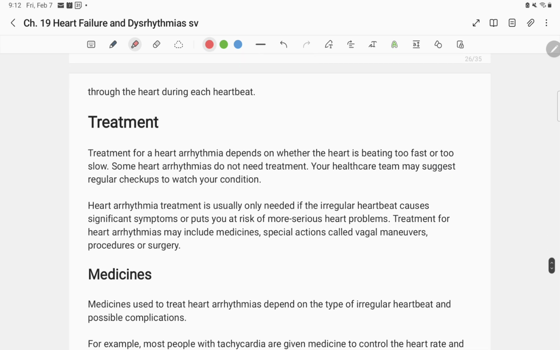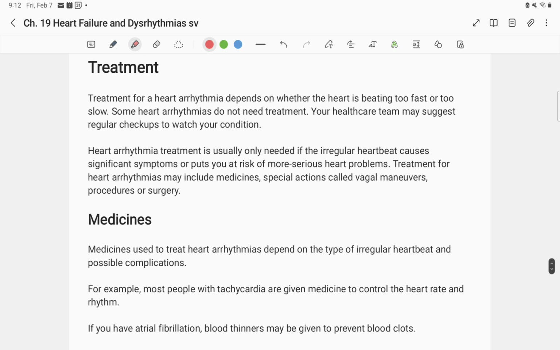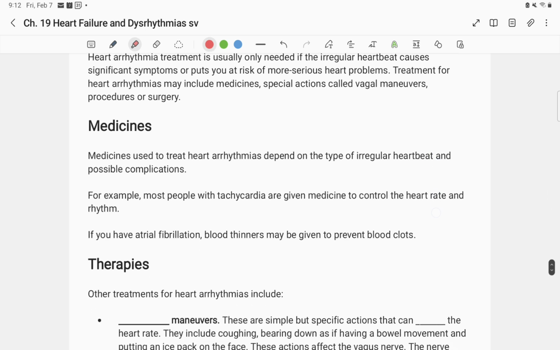Okay, treatment depends on if they have brady or tachycardia. Some arrhythmias do not need treatments. So sometimes it's diet and lifestyle changes, vagal maneuvers, so in other words, relaxation.